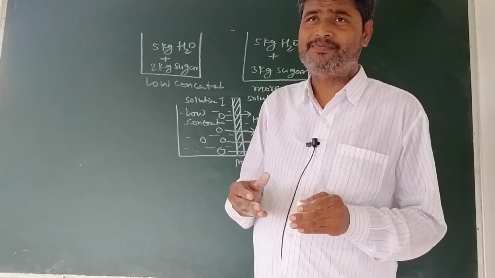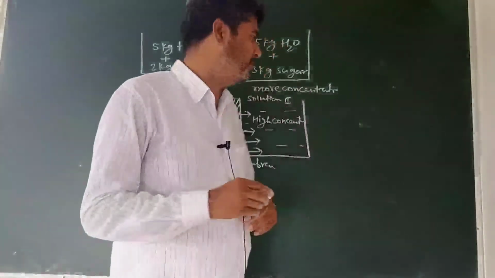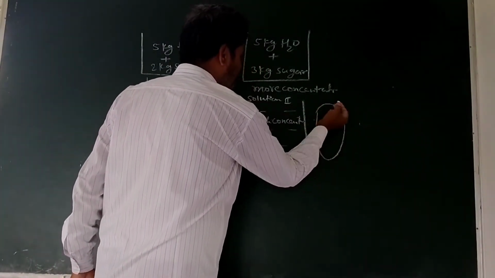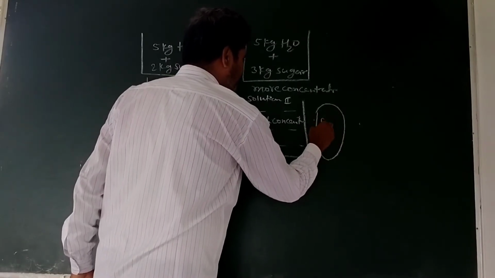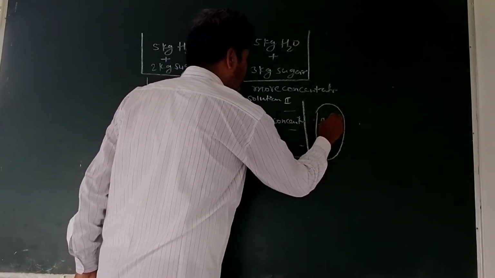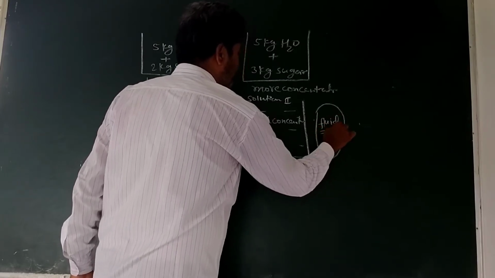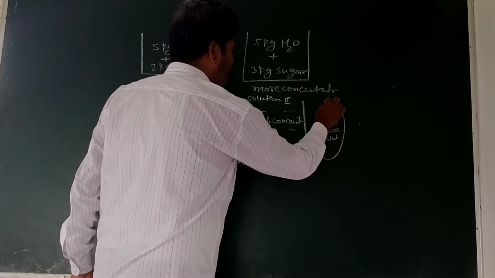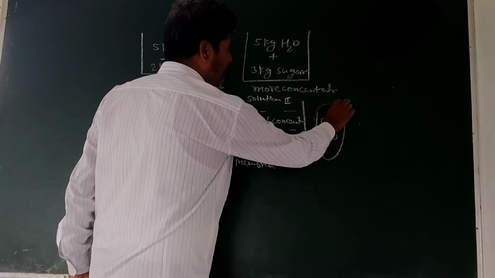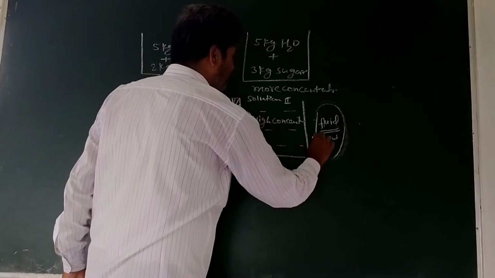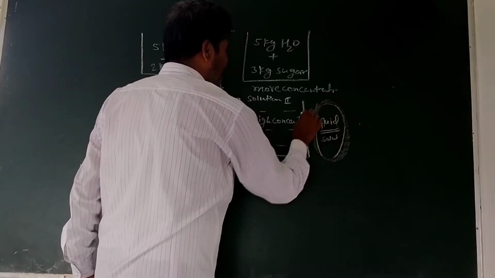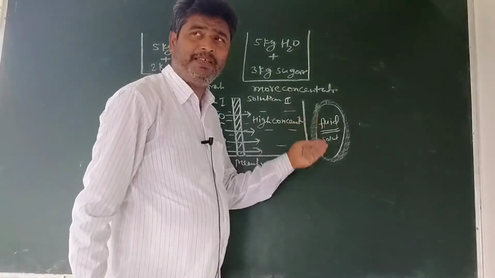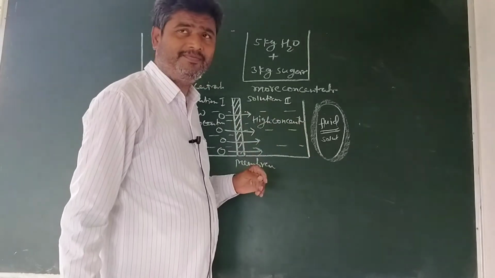The contraction of egg is due to removal of water from it. Suppose this is egg, inside the egg fluid is present, so this fluid is in the form of solution. When the protective layer of egg, that is calcium carbonate, is carefully removed with the action of hydrochloric acid, then we will find a thin film, a thin membrane.